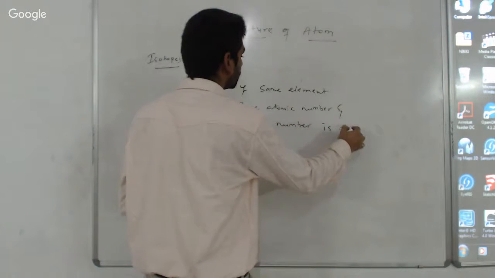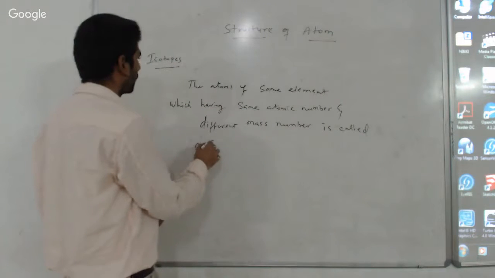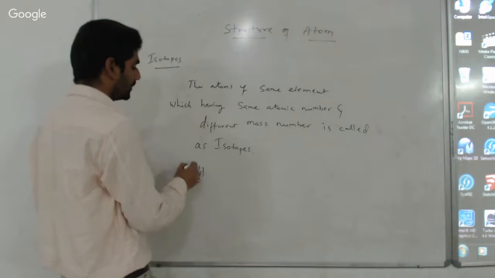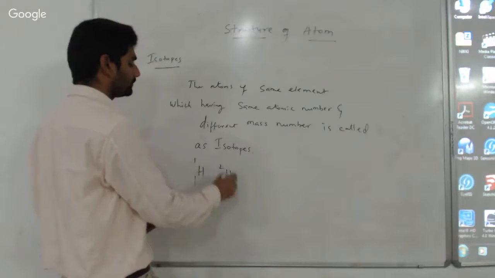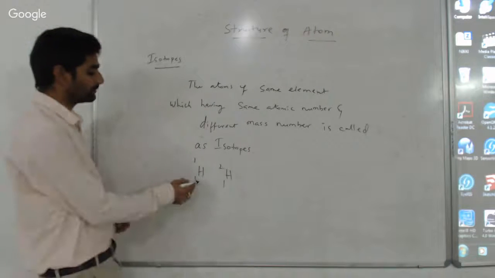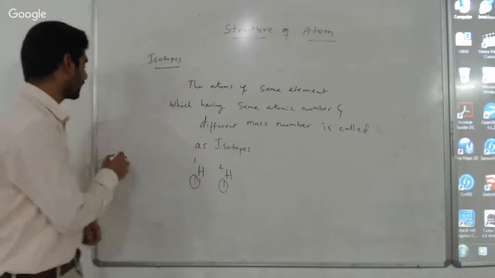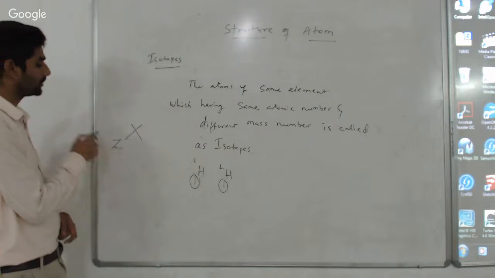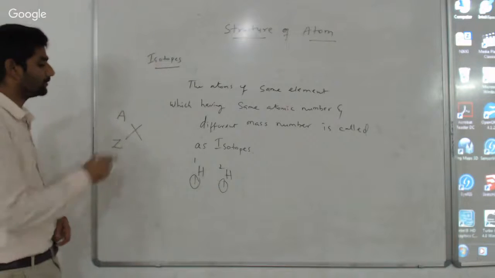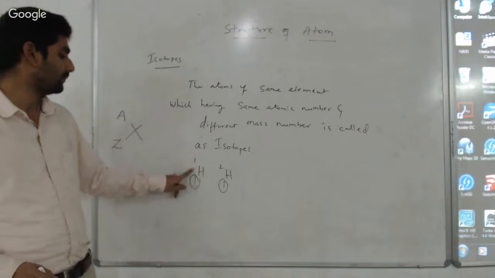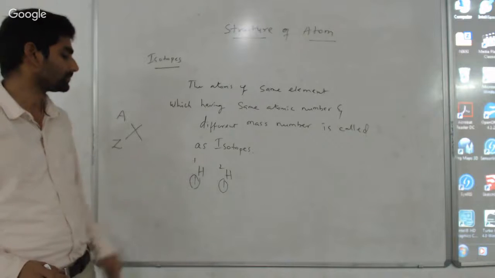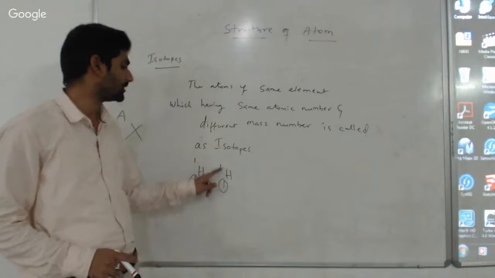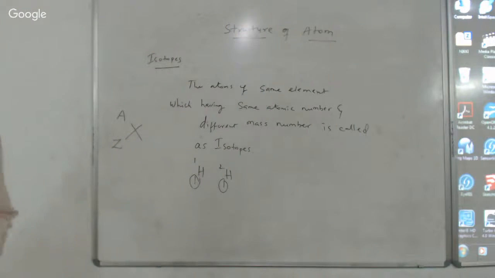They are called isotopes. Examples: hydrogen. See here, hydrogen has 2 isotopes for the same atomic number. You already know we represent an element with subscript Z atomic number and superscript mass number. Observe here, in both atoms, the atomic number is the same but the mass number is different. We call them isotopes.